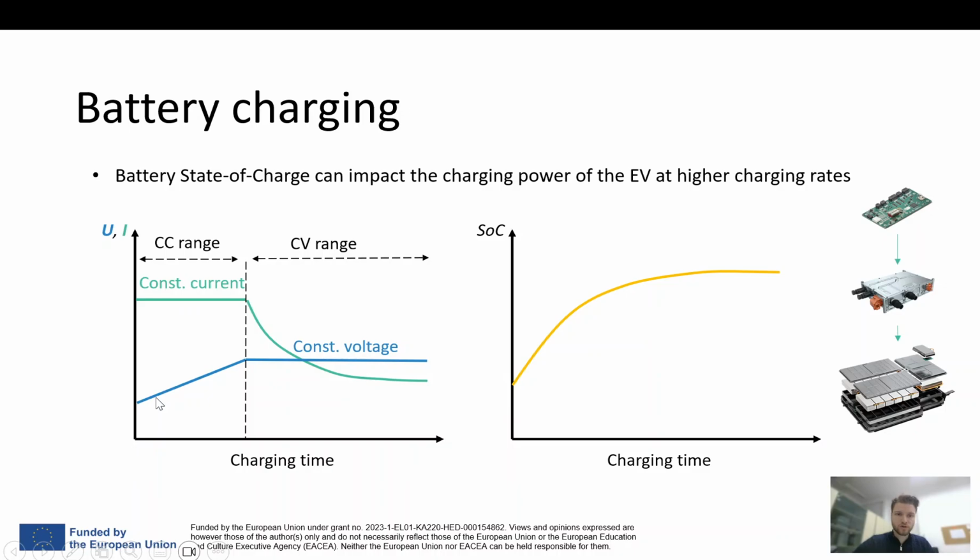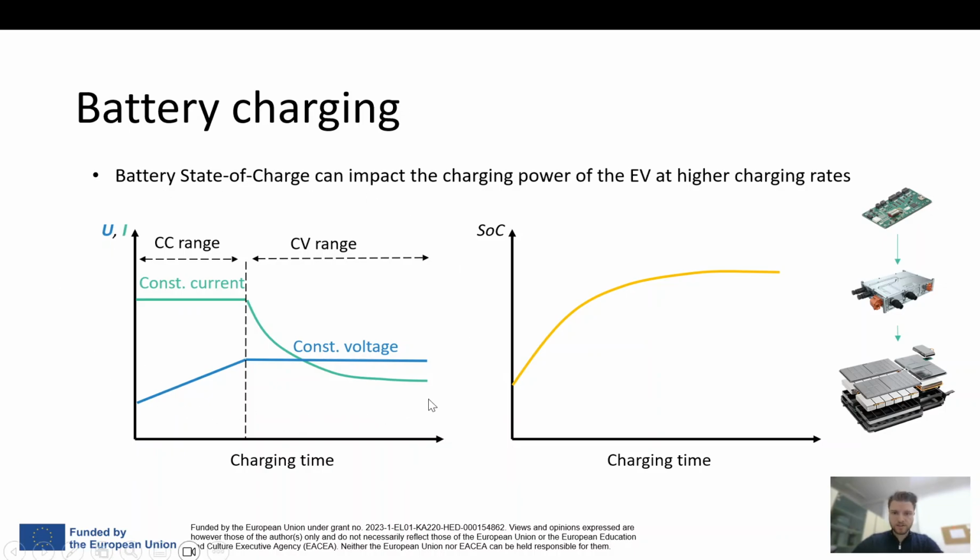The constant current is drawn until the voltage reaches a desired level, and once this level of the voltage is reached, we want to keep the voltage of the individual battery cells at this constant voltage, and to do this we need to reduce the current with which the battery of the electric vehicle is being charged. So we have two ranges: a range with a constant current and a range with a constant voltage, and this gives the name CCCV, meaning constant current and constant voltage.